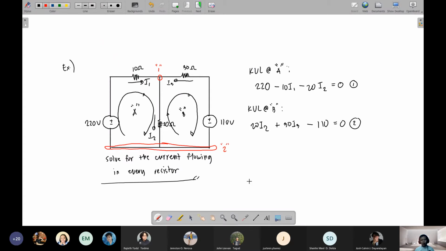Where are the third and fourth nodes? Of course, the connection between the 220 volts and the 10 ohm resistor. Since they are connected, this is a node as well. Let's call this node 3.